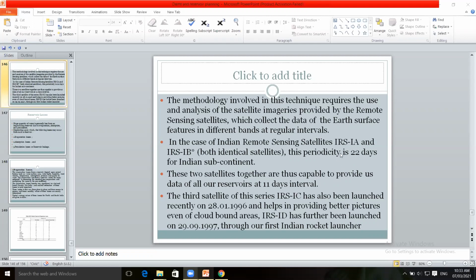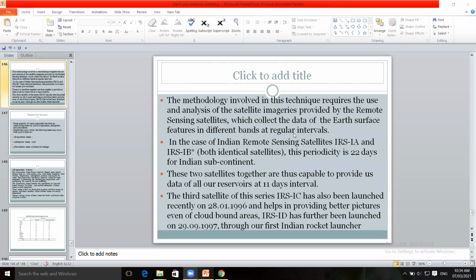The data is collected by these satellites, IRS-1A and IRS-1B. These are the Indian remote sensing satellites used to collect the data of the reservoir site. So these two satellites collect the data of the reservoir at regular intervals.